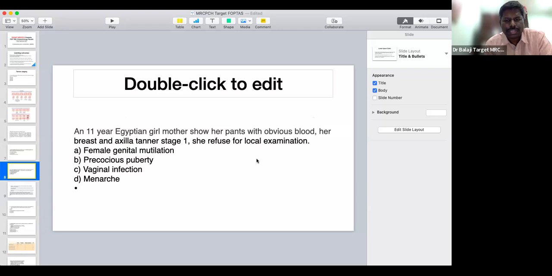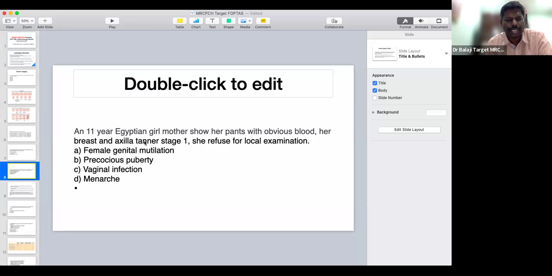Similarly, an 11-year-old Egyptian girl with obvious blood in her pants. Her Tanner stage is 1 alone, so breast and axillary Tanner stage is 1. And she is refusing the local examination. So what might be the answer here? In puberty, you have a sequence going on. First you have thelarche, then you have the axillary hair, and only finally you will have the menarche.